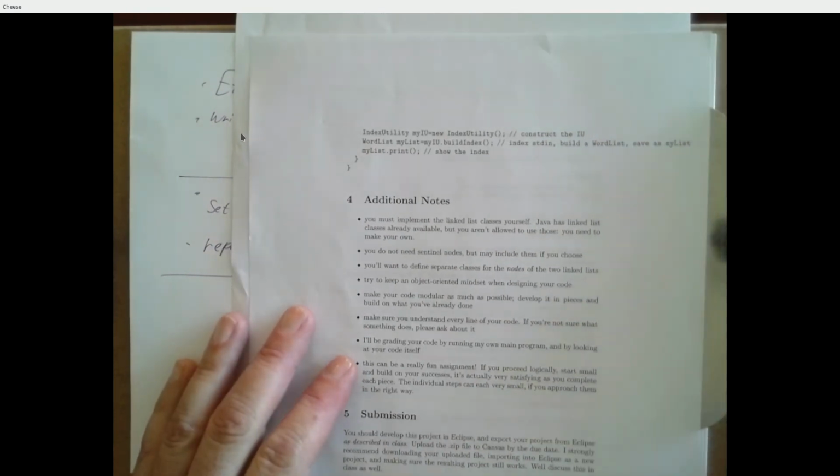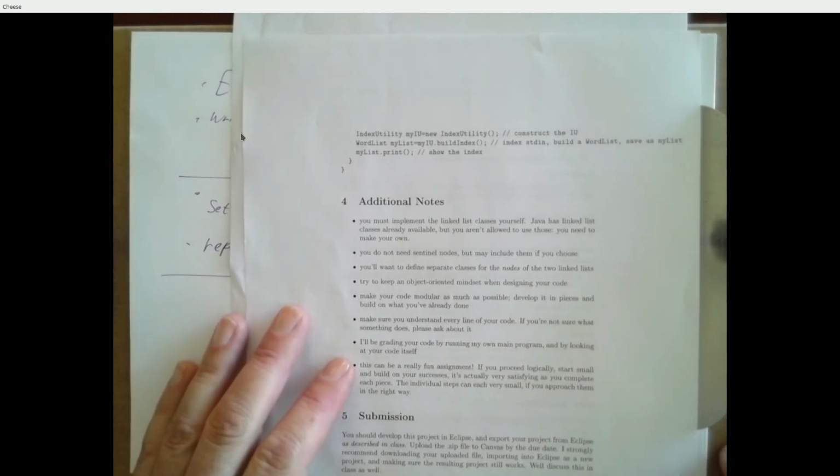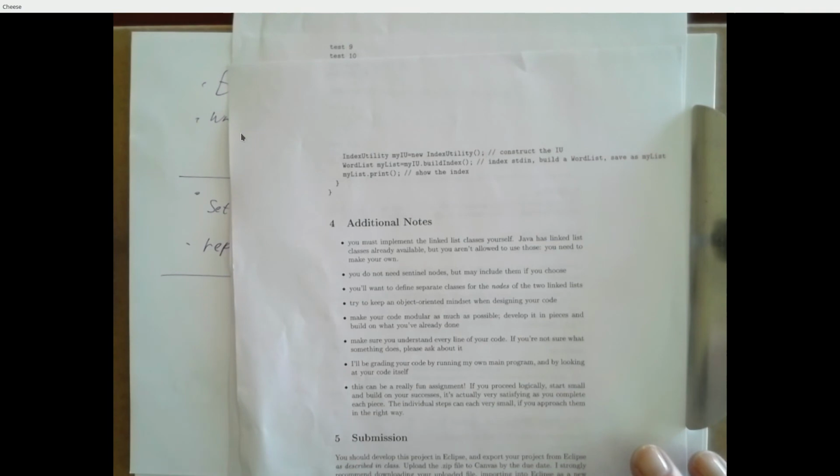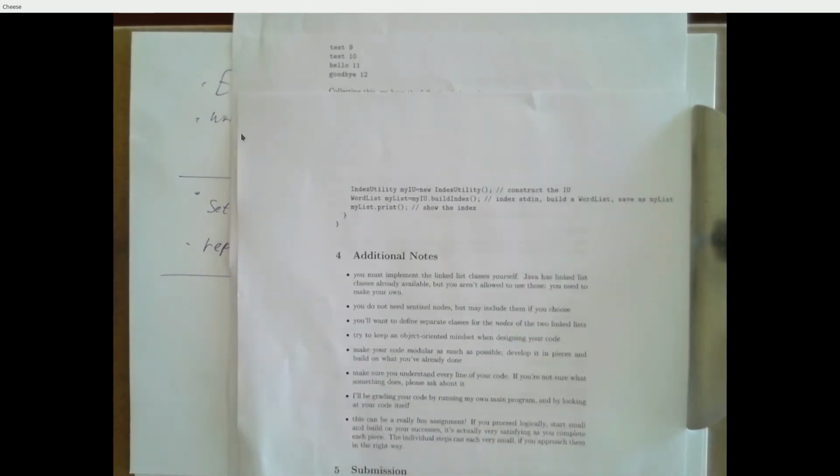Then just test it on some really big files and lots of files, and make sure that things are in different orders and words appear twice and so on. If words appear multiple times in your input, you should collect them together, so that's something you want to test.